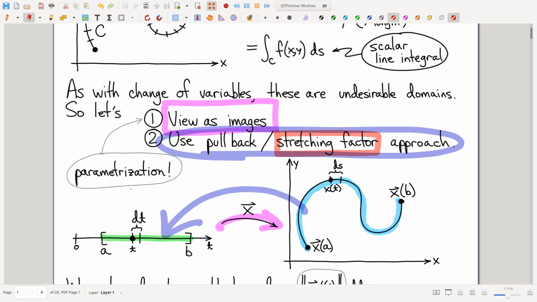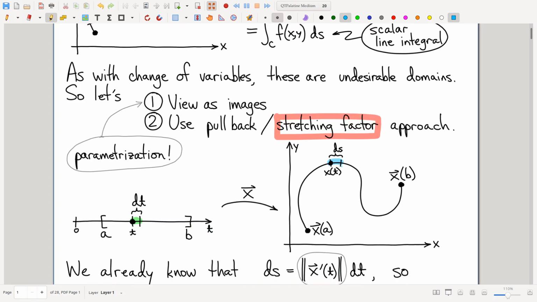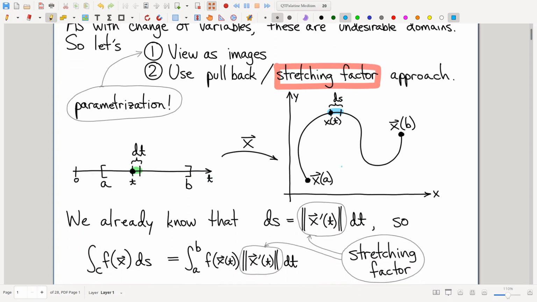So given some little dt, how would I ascertain the resulting ds? What is it that I multiply by that input size to get that output size? How much bigger is that little piece of output than that little piece of input?